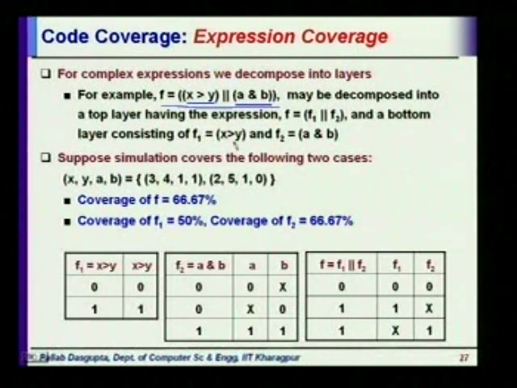So, f1 is x greater than y, f2 is a and b, and f is f1 or f2, right. Now, when we talk about the coverage of f, we will see how many times f1 has become true, how many times f2 has become true, right. We are not going to look inside the expressions of f1 and f2 to determine the coverage of its components, right. That is what we mean by decomposing it into layers, right.